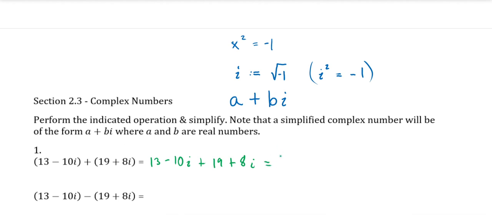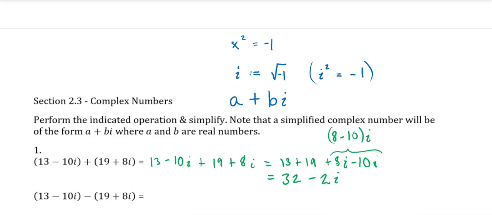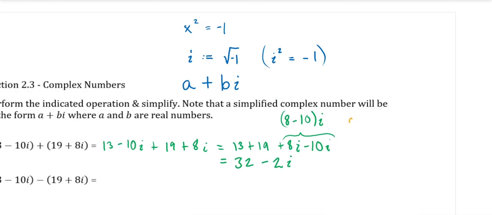And if we rearrange things, we can now get things with an i together and things without an i, regular old real numbers, together, and add those up to give me 32. And here, let's remember that if i is functioning just like a stand-in for any constant, then it could be factored out. And so we could use like terms to just combine the 8 and the -10 together to give me -2i.